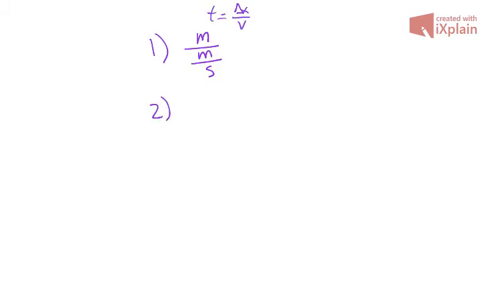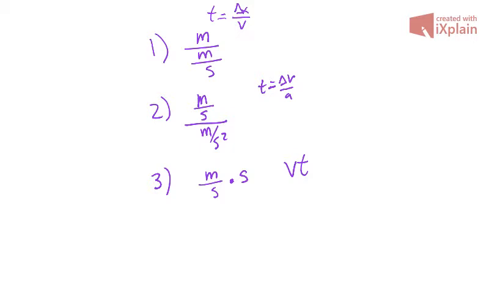Number 2, you will try meters per second divided by meters per second squared, and that is also t, but it's t equals delta v over a. The third one you'll do would be meters per second multiplied by seconds, and this is v times t equals delta x.